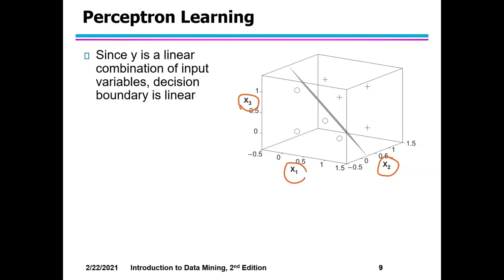So this is your x-axis, this is your y-axis, and that is your z-axis. Since y is a linear combination, y is your output based on your three inputs. So y is a linear combination of input variables, and the decision boundary is a linear one, right?